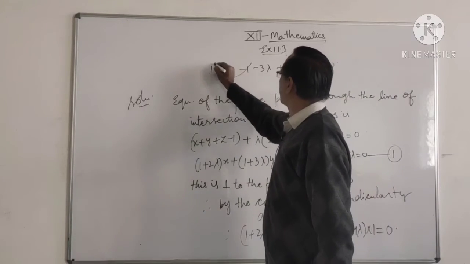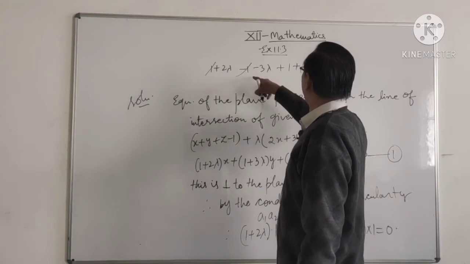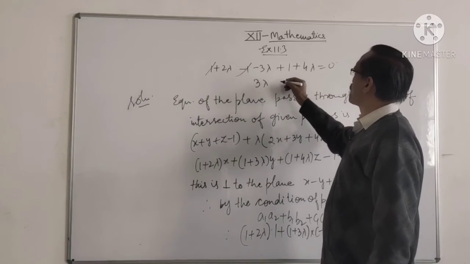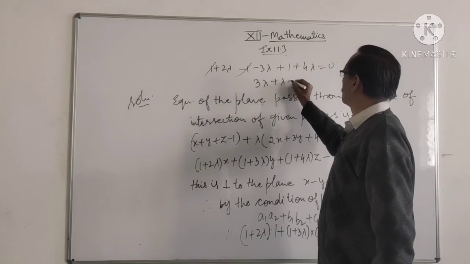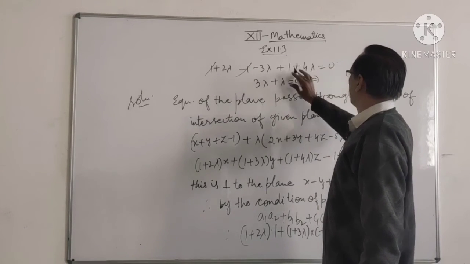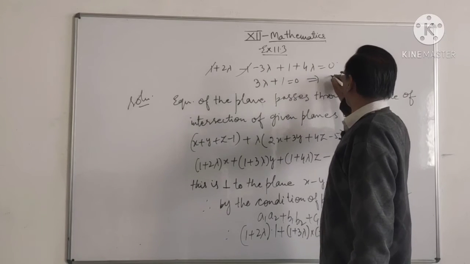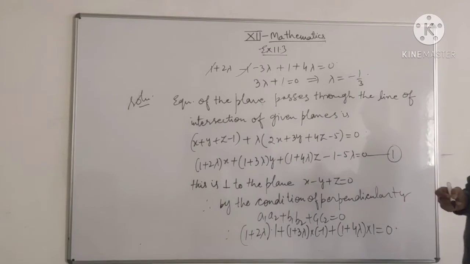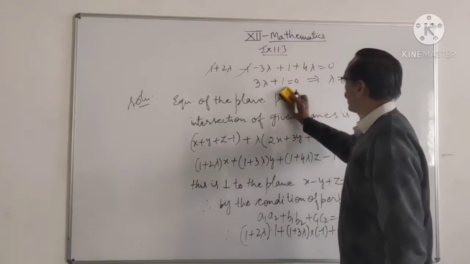Here it is cancelled out. From this we will get 3 lambda plus 1 equal to 0 or lambda equal to minus 1 upon 3. Now putting the value of lambda in equation 1, we will get the required equation of plane.